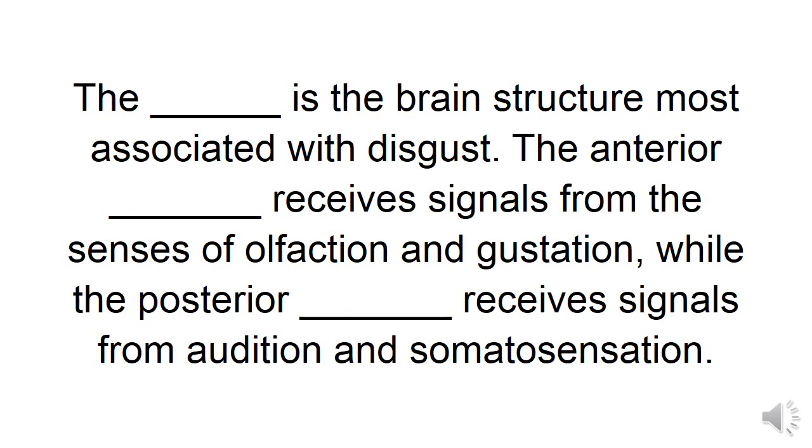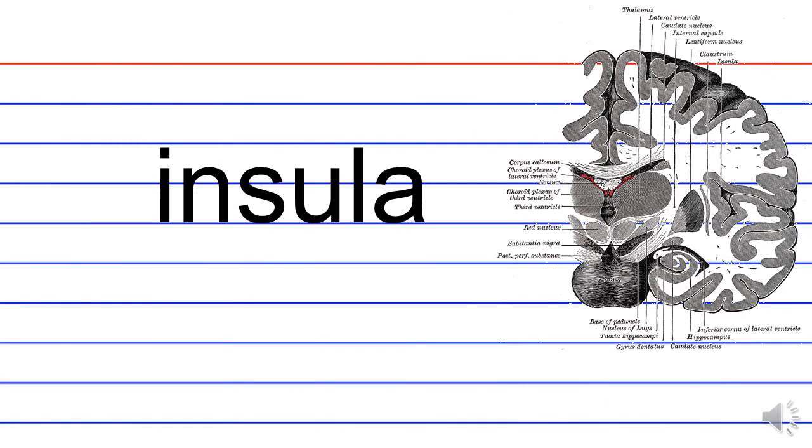So what part of the brain is this? I'll give you a moment to think. All right, so it's going to be the insula, or more specifically, the insular cortex, which if you were to look at the side of the brain, this is a coronal cross-section of the brain, by the way, but it would be this infolding cortex region right here. So this region is the insula, okay?